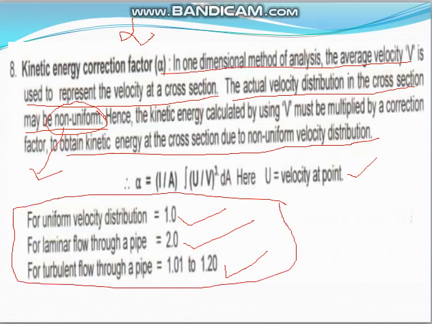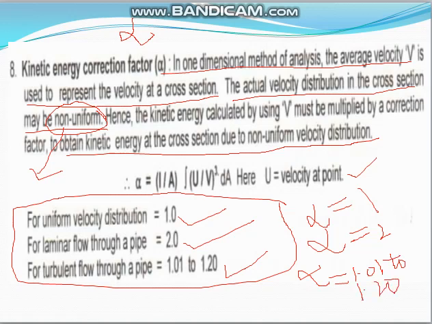For uniform velocity distribution, alpha is equal to 1. For laminar flow through a pipe, alpha is equal to 2. For turbulent flow through a pipe, it is 1.01 to 1.20. These values are very important, you need to understand them. This is about the kinetic energy correction factor.